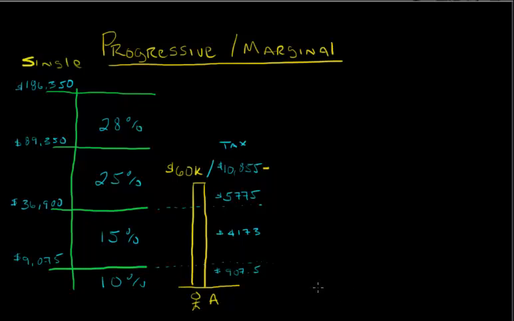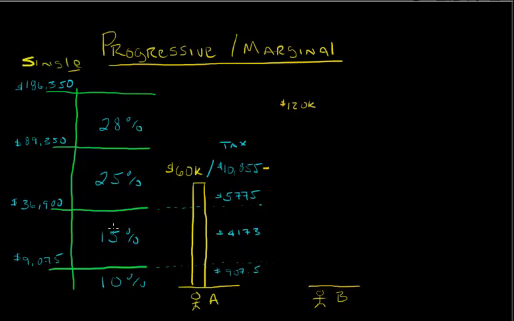That's right here. So now what we want to do is make a comparison to this person A, and we're going to do that with, in a fit of creativity, person B. But this time we're going to say that person B makes double what person A does. So we're going to put their income at $120,000. Still a single person. It does make a difference.